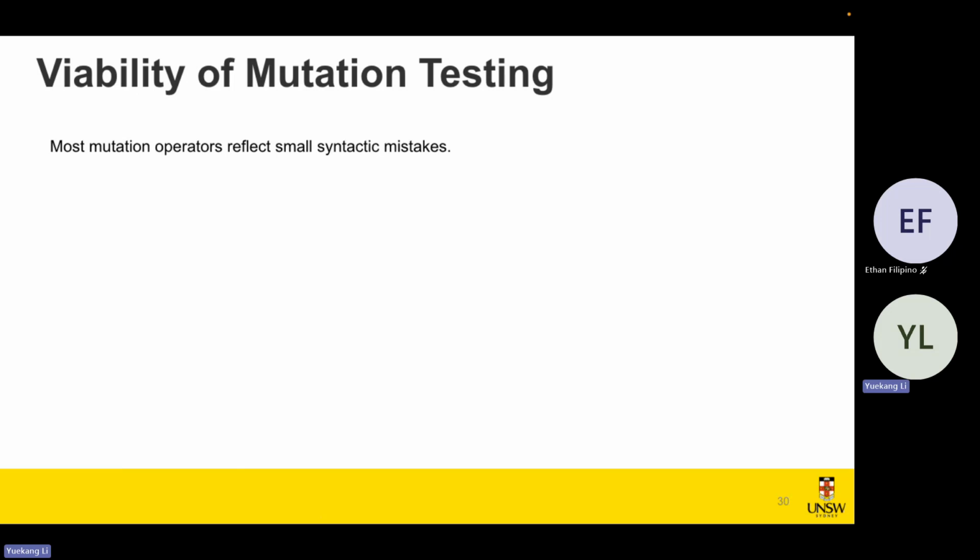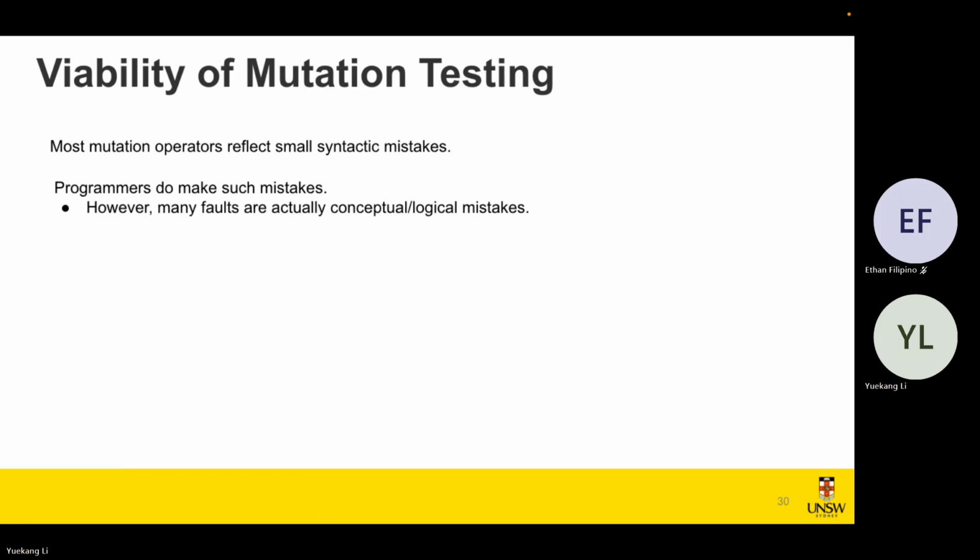Remember the characteristics of the mutation operators. Most of them are actually small syntactic mistakes, created to simulate the real errors made by the programmers, right? So programmers do make such mistakes.